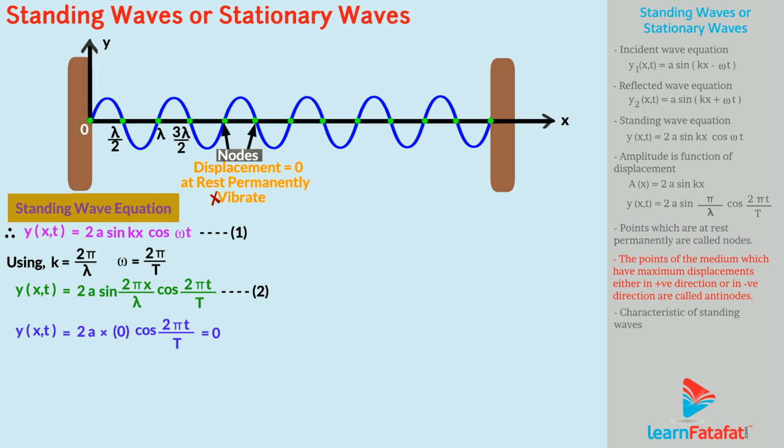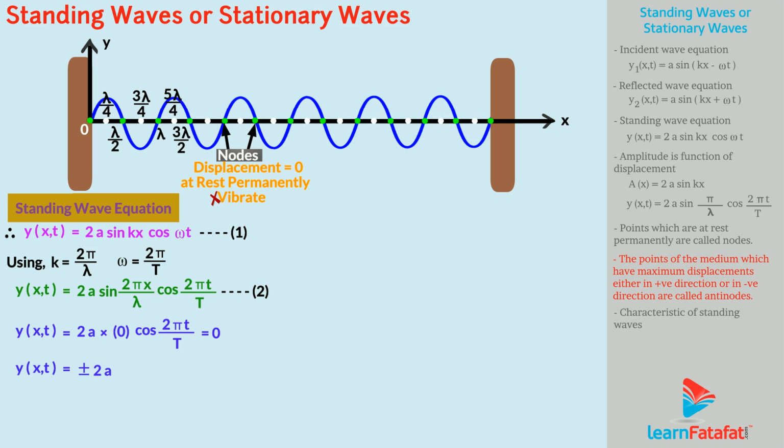Opposite to this, at some points located at x = λ/4, 3λ/4, 5λ/4, the function y(x, t) = ±2a.